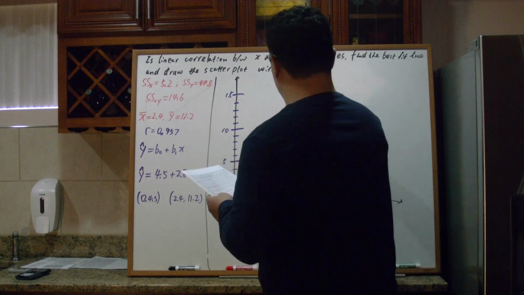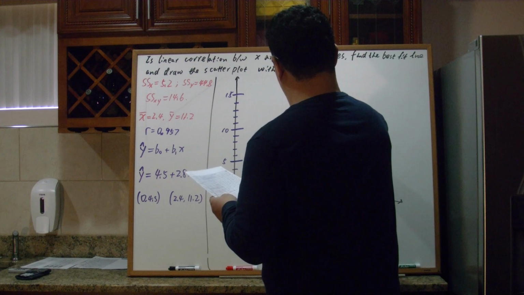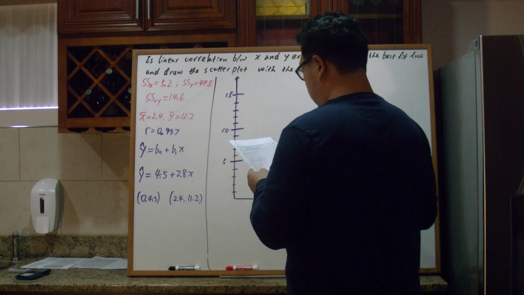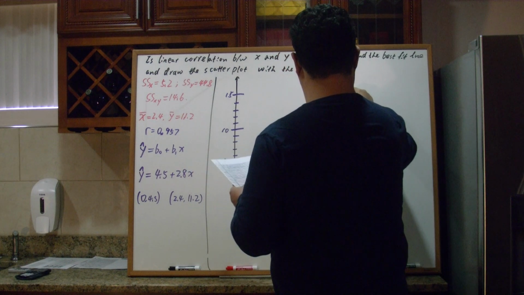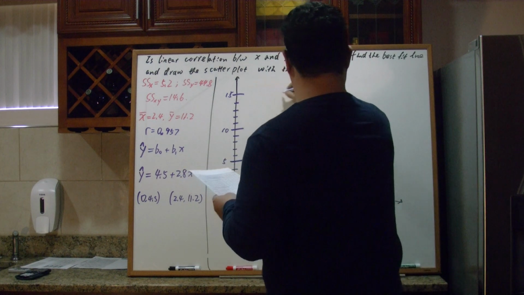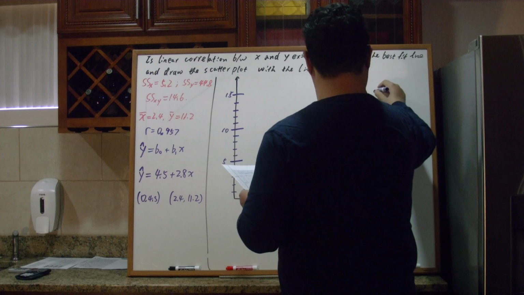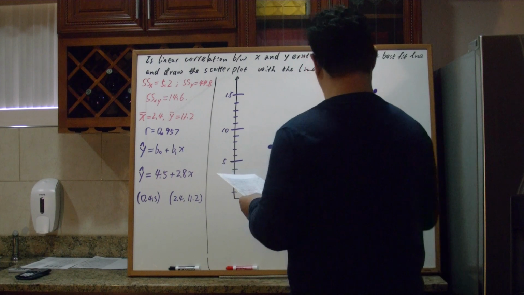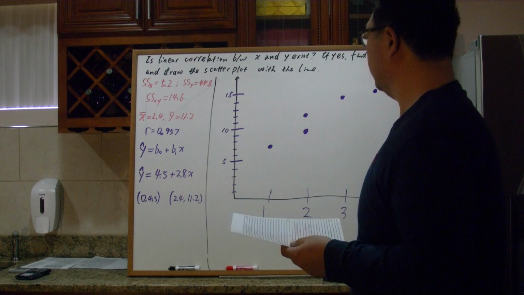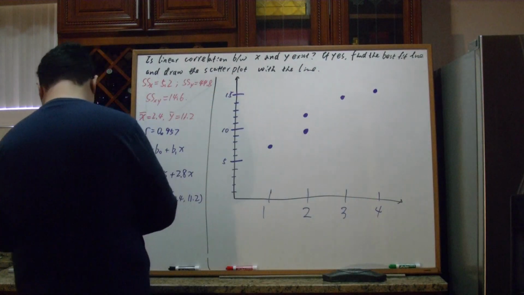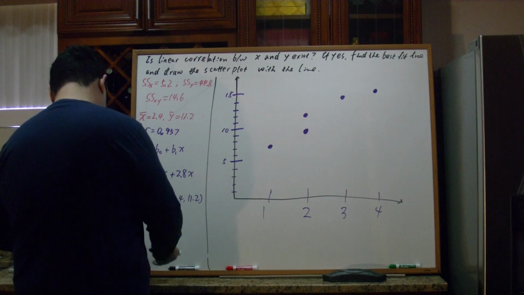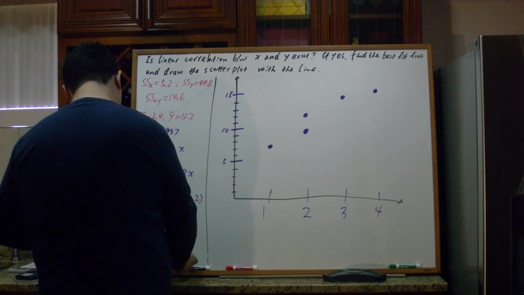And 2, 11, 3, 14, and 4, 15. Right, that's our points. That's the scatter plot.